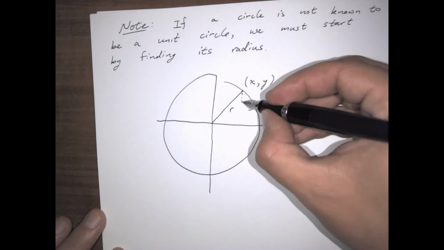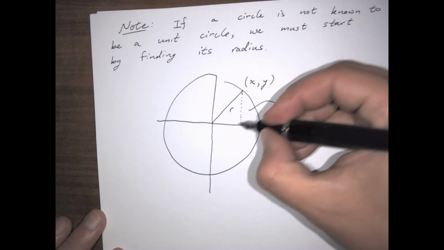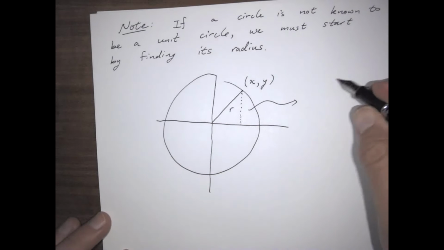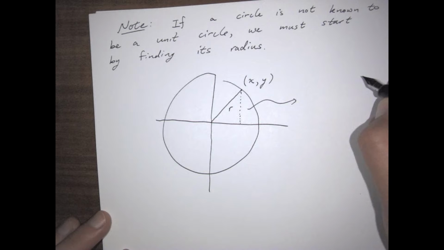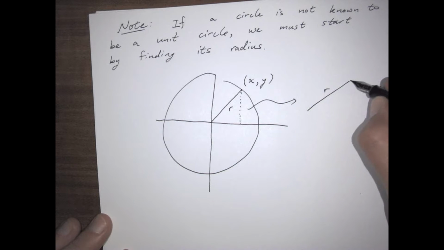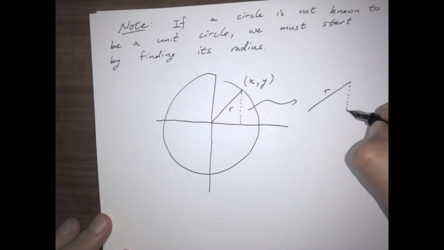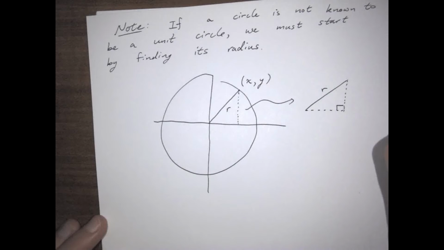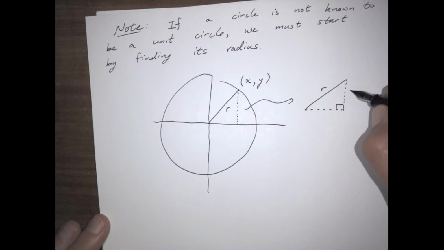So, if we were to go around dropping an altitude, as it's called, like drawing that line right there, then what we would be producing is, in fact, a right triangle. And this is a right triangle whose side over here is the y-coordinate.